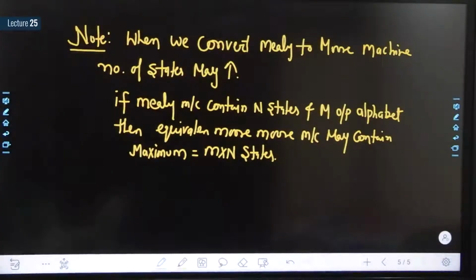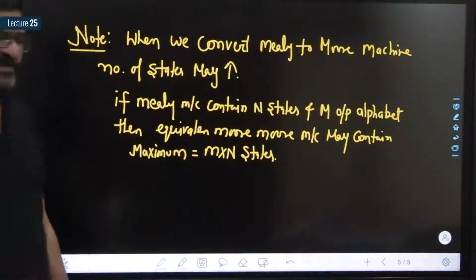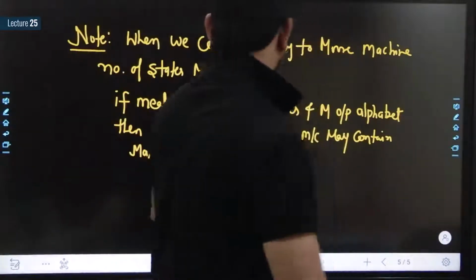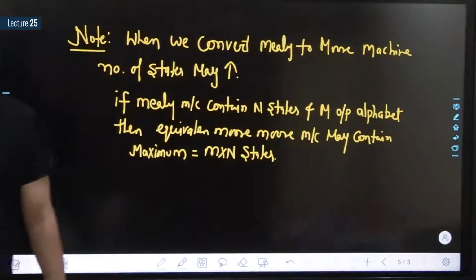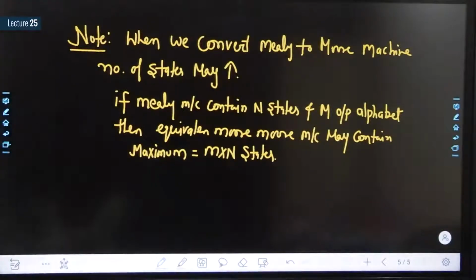Clear? Where n is the number of states in the Mealy machine and m is the output alphabet. Clear? Okay.